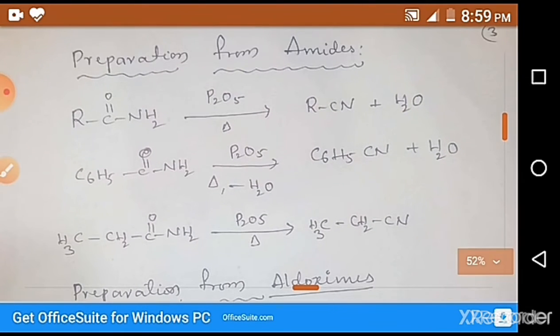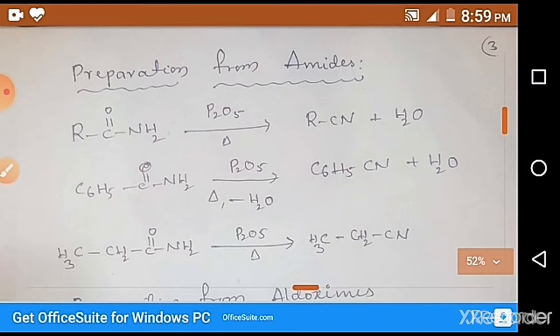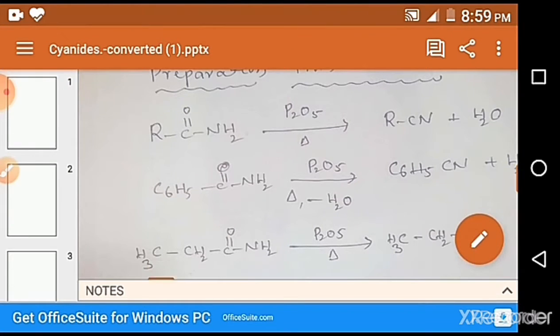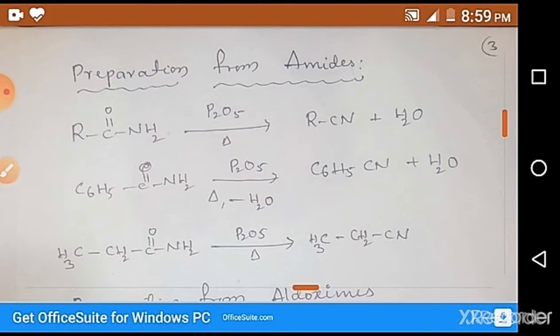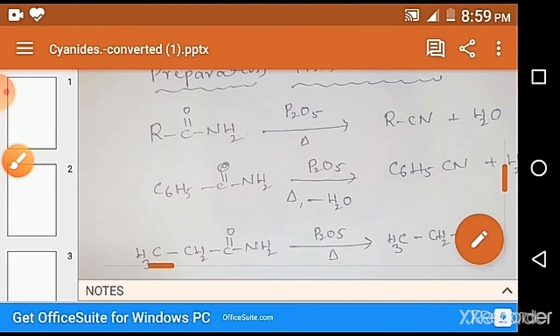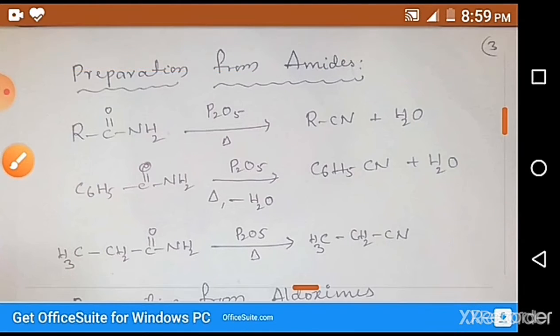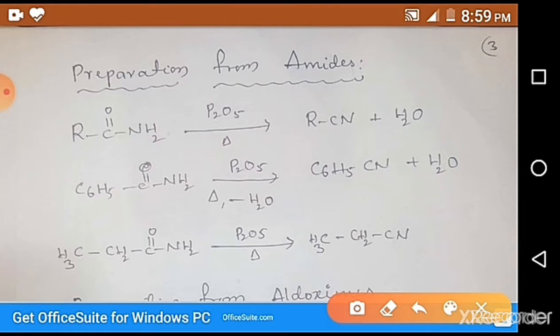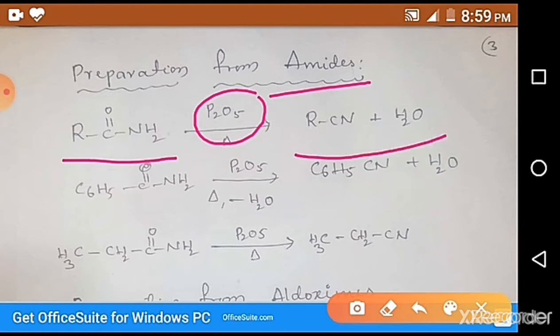Preparation from amides. When amides react with phosphorus pentoxide on heating, they give alkyl cyanides. So we can get alkyl cyanides from amides.